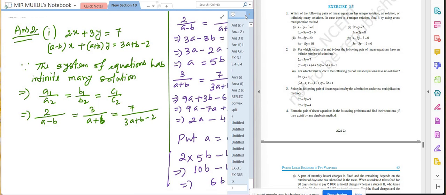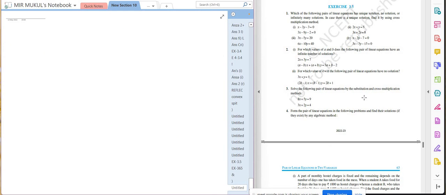Now, number 2. The second one also I am doing. For which value of k will the following pair of linear equations have no solution?